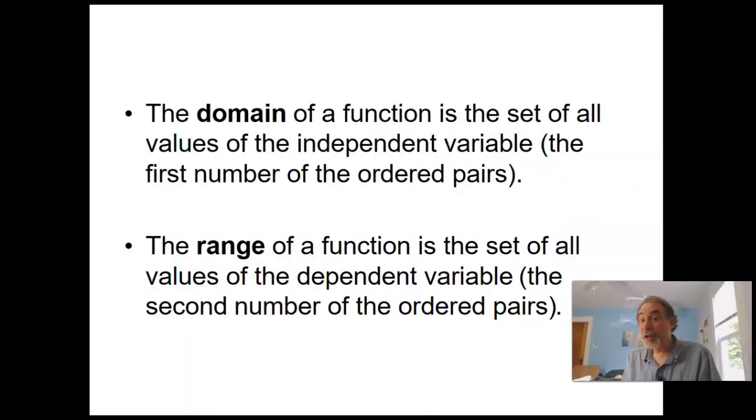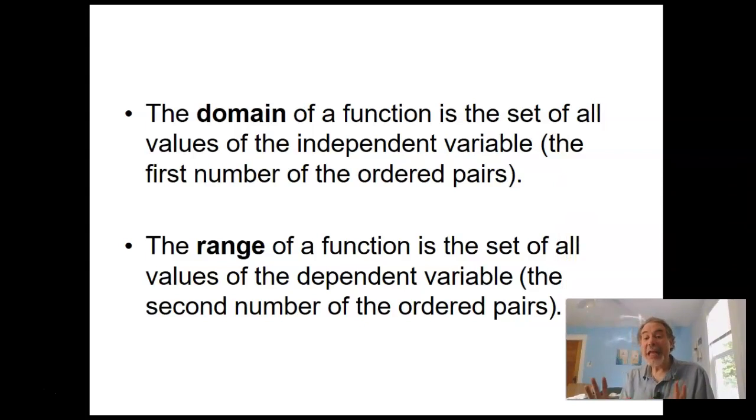And some terminology here, the domain of a function is the set of all possible values for the independent variable. Remember, that's the first number in the ordered pairs. So it's all the numbers that show up as the first number in one of those pairs of numbers. And the range of a function is the set of all possible values for the dependent variable, the second number.